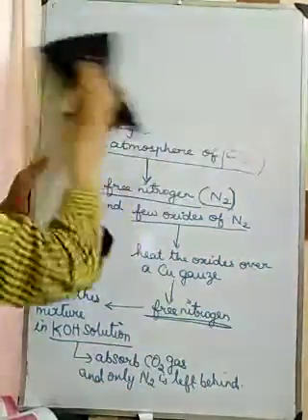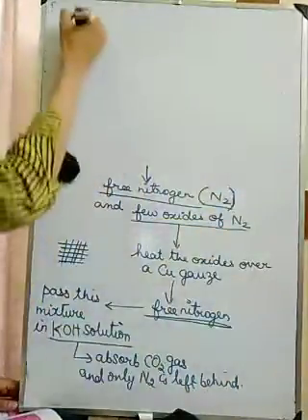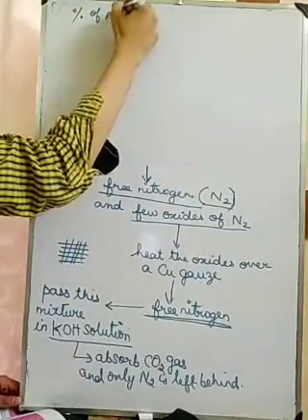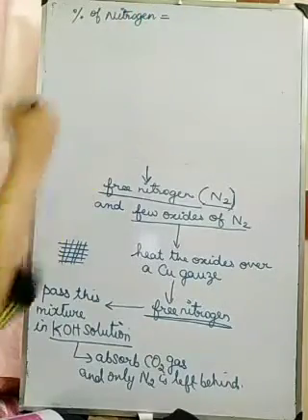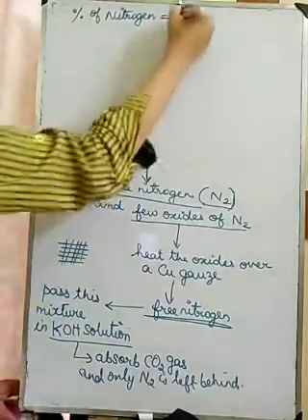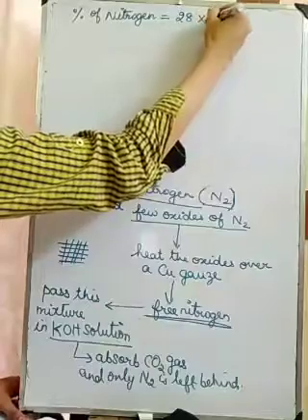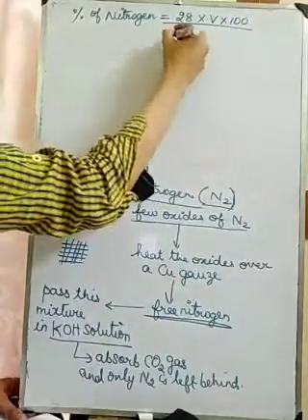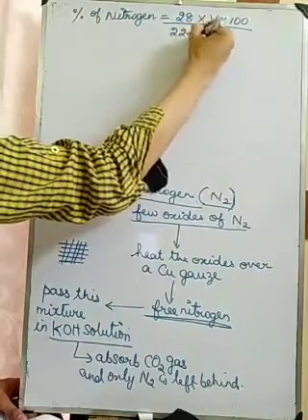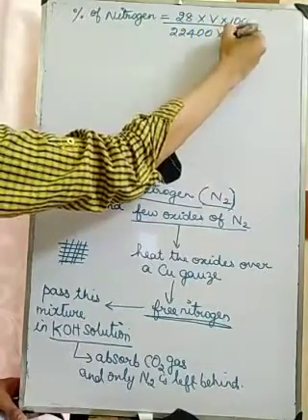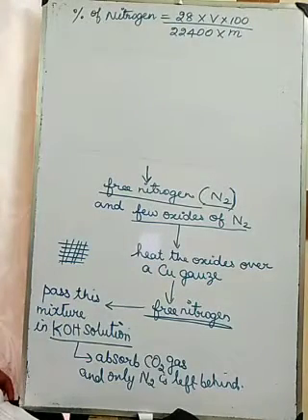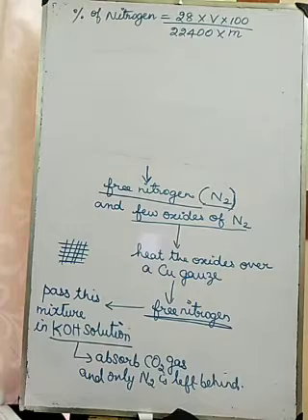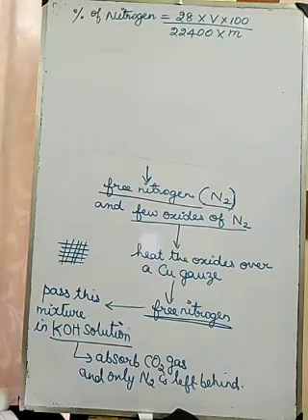So what is the formula to calculate the percentage of nitrogen? Percentage of nitrogen is equal to 28 into V into 100 divided by 22400 into M. What is 28? 28 is the molar mass of nitrogen.